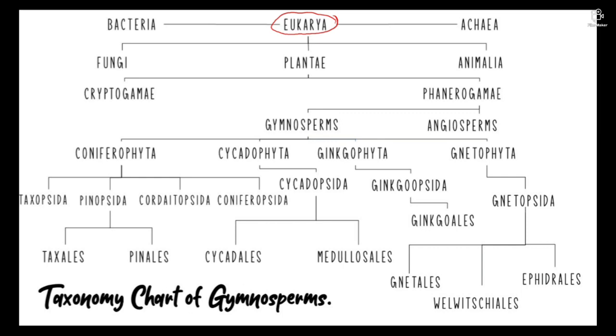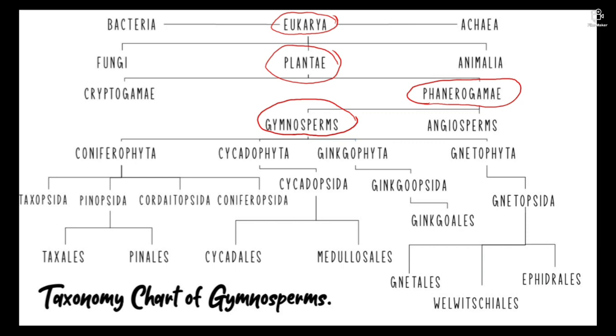We're about to focus on kingdom Plantae, and kingdom Plantae divides into two types, which are cryptogams and phanerogams. Looking at phanerogams here, they divide into two phyla, which are gymnosperms and angiosperms. So we're about to focus on gymnosperms.